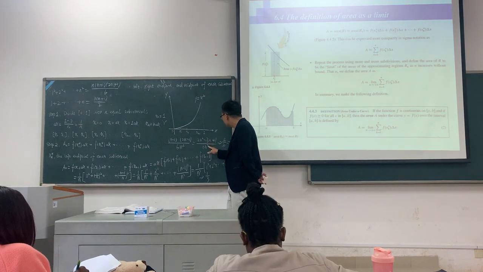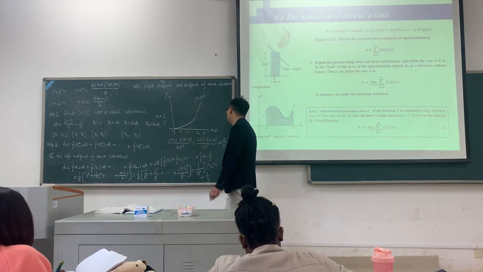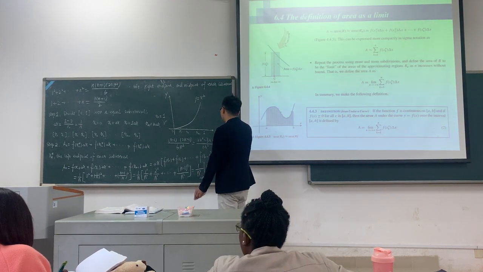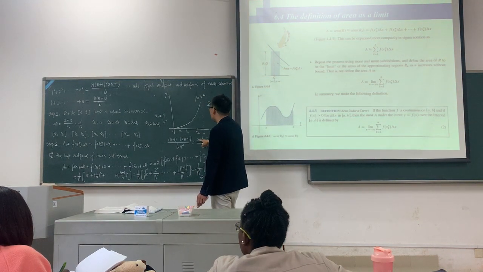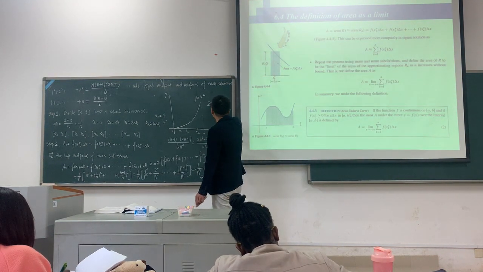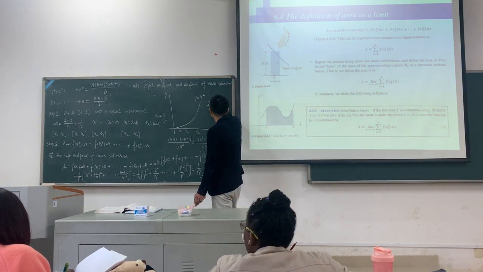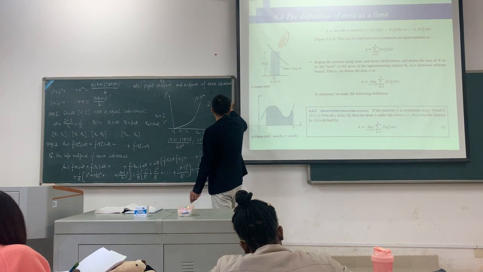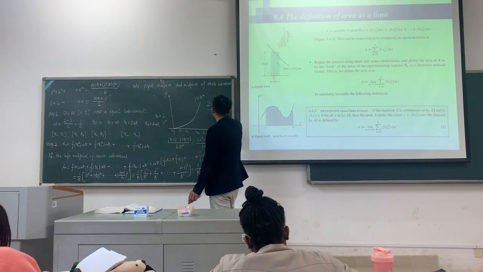So let n equal plus infinity. Actually you can divide by n squared on both sides. You divide by n squared on both sides. So here 2n squared divided by n squared is 2, minus 3n divided by n squared is 3 divided by n, plus 1 over n squared, divided by 6n squared divided by n squared, so here is 6.